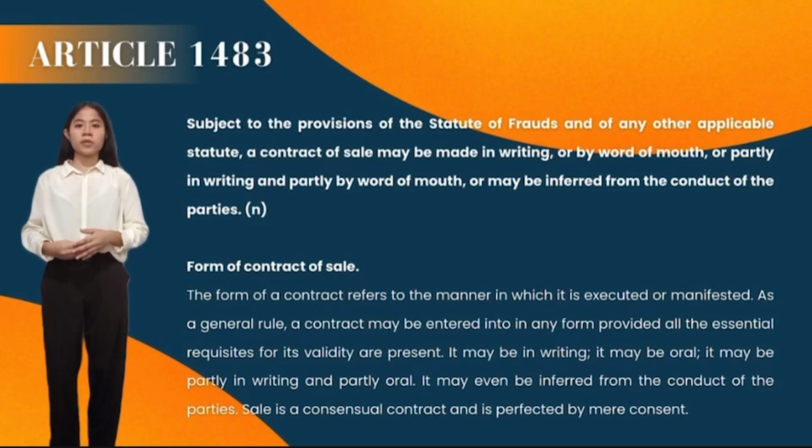A contract may be in any form to be valid if the essential requisites or elements are present. And form means if it's in writing or oral or partly writing and partly oral, or it can be inferred from the conduct of the other party.